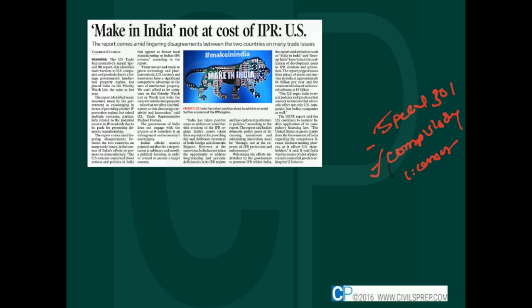What they do is launch the product with some compound, tweak the compound a bit, and apply for the patent again. This concept is called evergreening of patents. The Supreme Court has clearly said in the Glivec case that evergreening of patents shall not be allowed. That was a big blow, a punishment towards Novartis. So in this context, the compulsory licensing provision in India is closely observed by the United States of America.